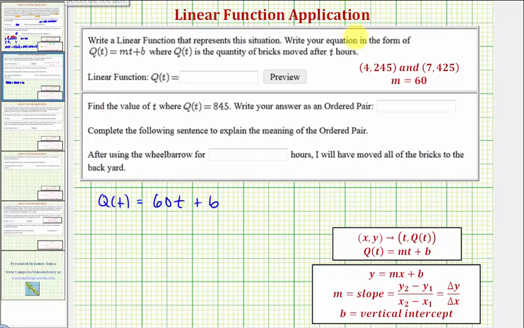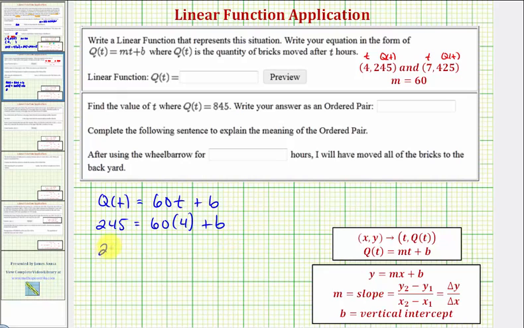Again, remember the first coordinate is t and the second coordinate is Q of t. We could use either point, but to see the connection from the previous part, let's use this first point again. So we'll substitute 245 for Q of t and 4 for t. So we'd have 245 equals 60 times 4 plus b. This looks very similar to the last part.